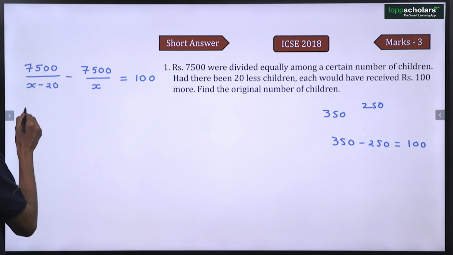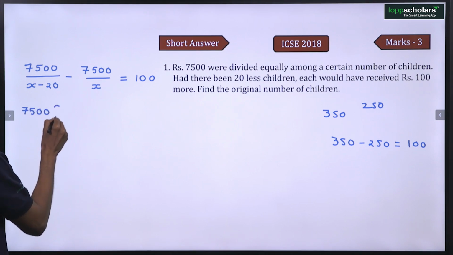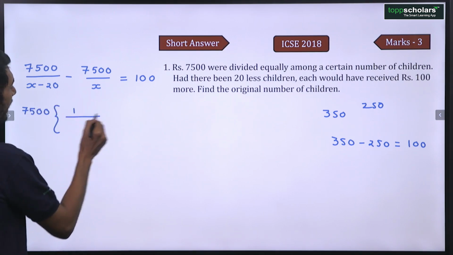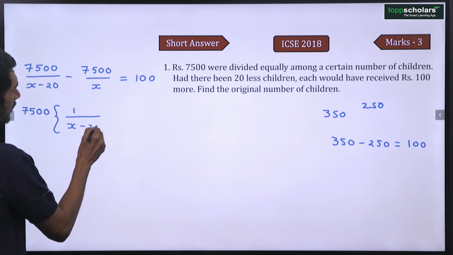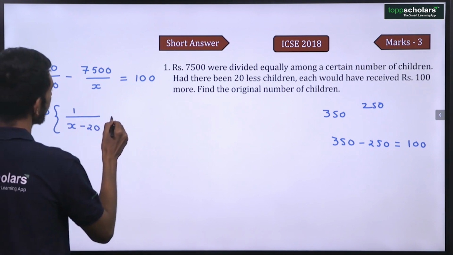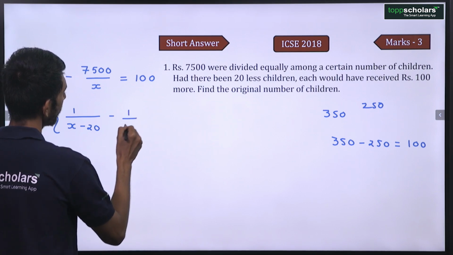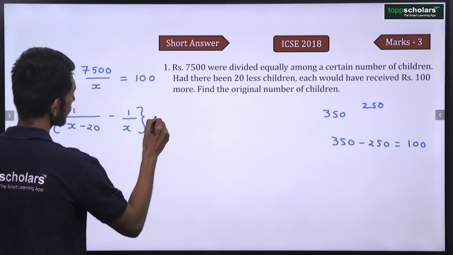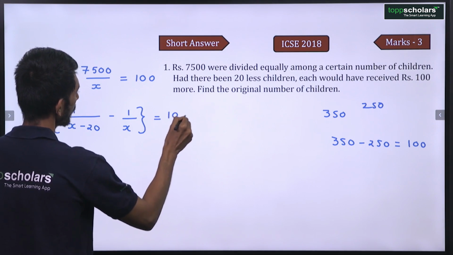So I'm taking 7,500 common. So if I take 7,500 common, I have 1 by x minus 20 minus 1 by x is equal to 100.